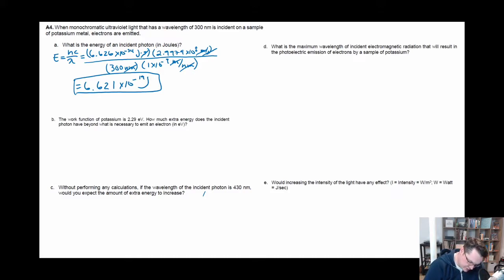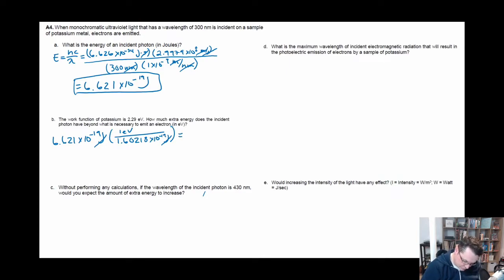So to do that conversion, we have 6.621 times 10 to the negative 19 joules, times 1 electron volt over 1.60218 times 10 to the negative 19 joules. Joules cancel, so we only end up with electron volts.